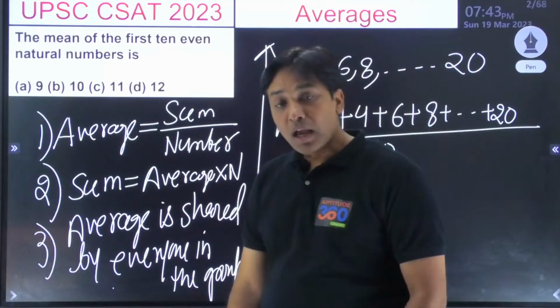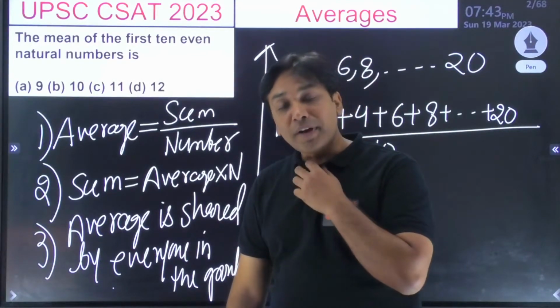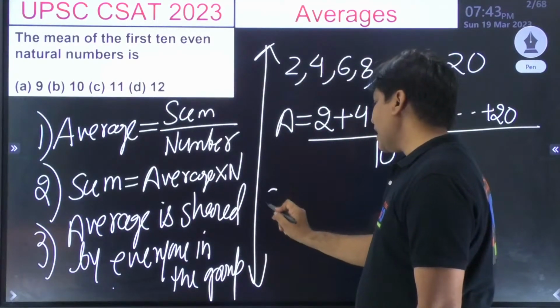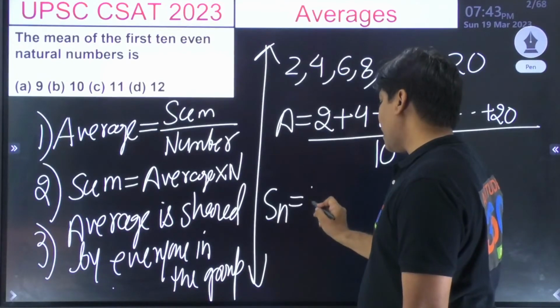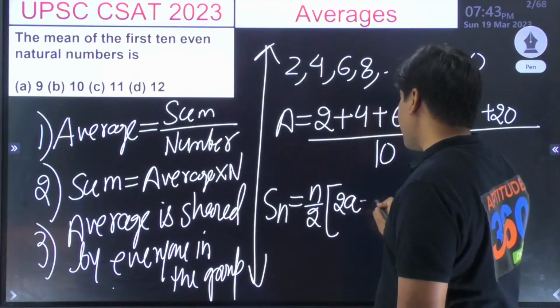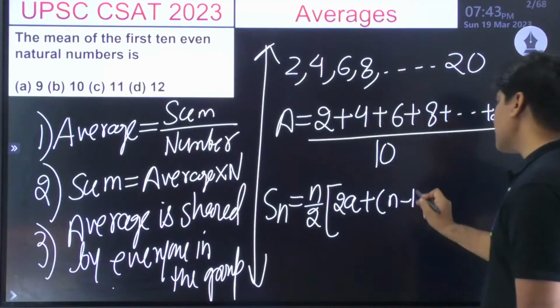एक तो ये. Then there are people who will say that okay, how do we find out the sum? So sum के लिए यहाँ पे लोगों ने यूज किया कि Sn is equal to n by 2, 2a plus n minus 1 into d. And what is this?